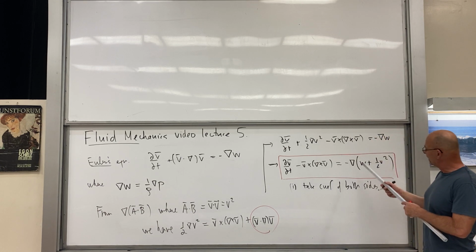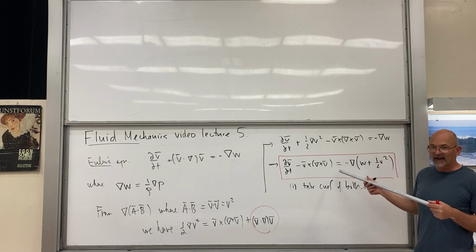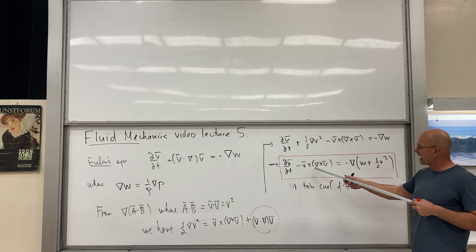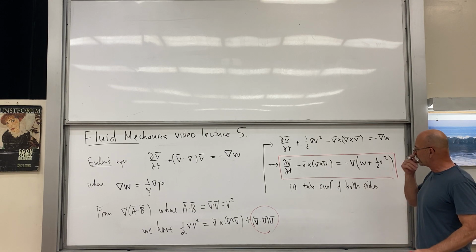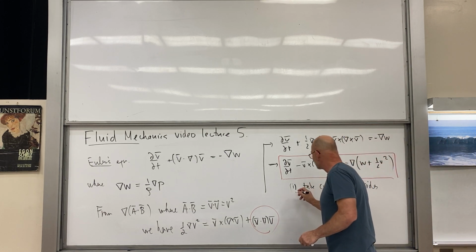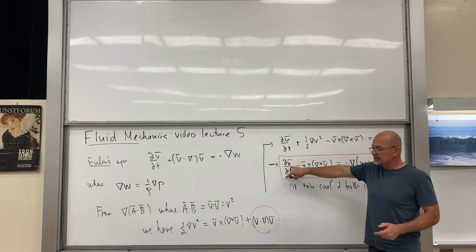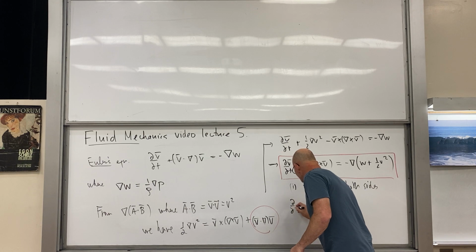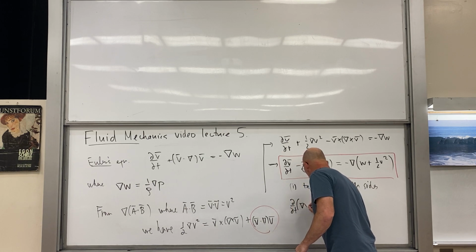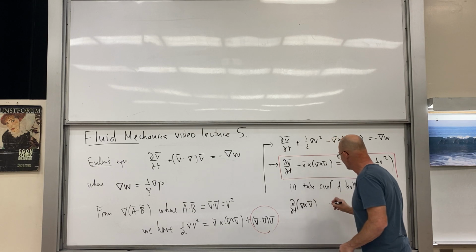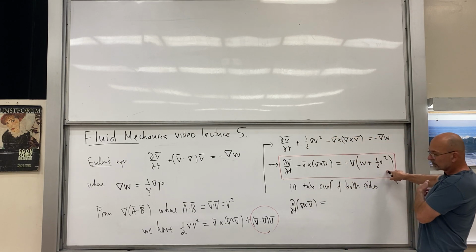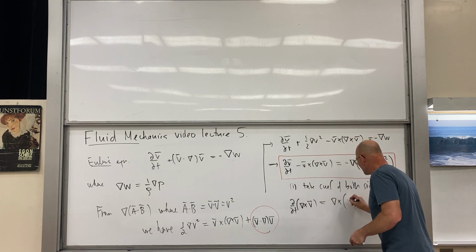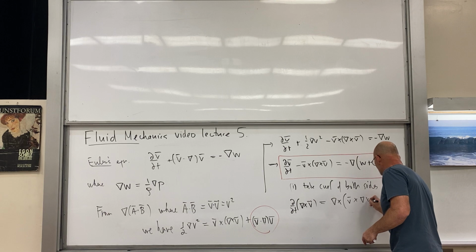What that does is it kills the right side because curl of gradient is identically equal to 0. And then we actually get something pretty complicated on this side. So we take the curl of both sides, and then we can exchange the time and the spatial derivatives. We allow ourselves that. So we have d dt of the curl of v, and then we'll bring this to the other side. This one was killed, equals the curl of v cross the curl of v.